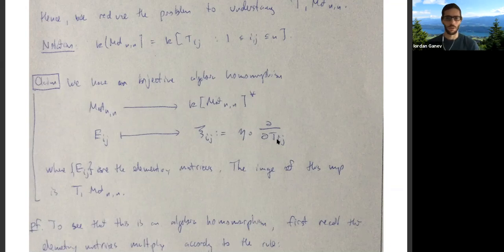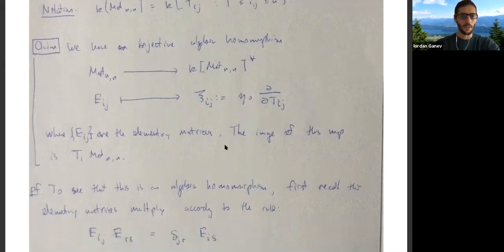It's pretty simple, and it's actually easy to see that it's the image. So all of these together span the tangent space at the identity. So we have that, but we need to show that this is an algebra homomorphism.